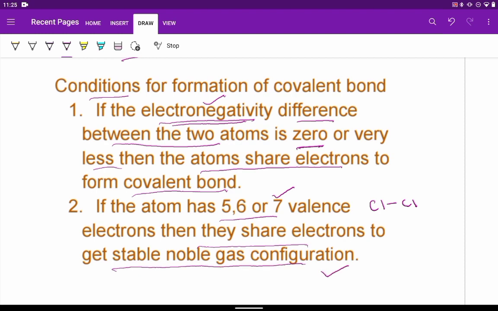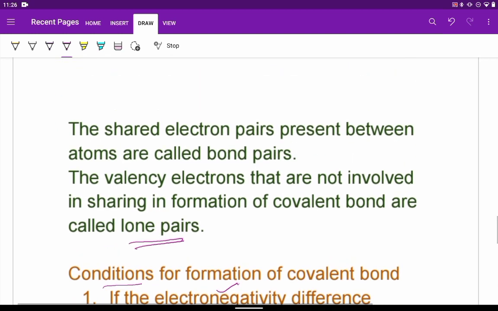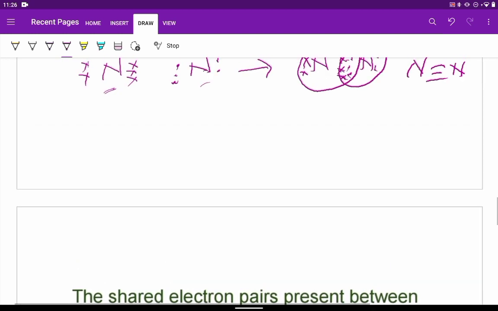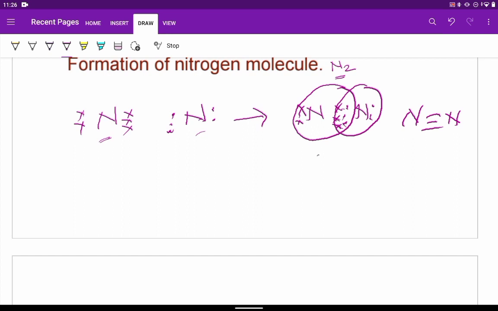This is essential. Let us go back a little and recollect the nitrogen bond formation we have seen. After the triple bond has been formed, if you count the number of electrons pertaining to each nitrogen, it is 8.